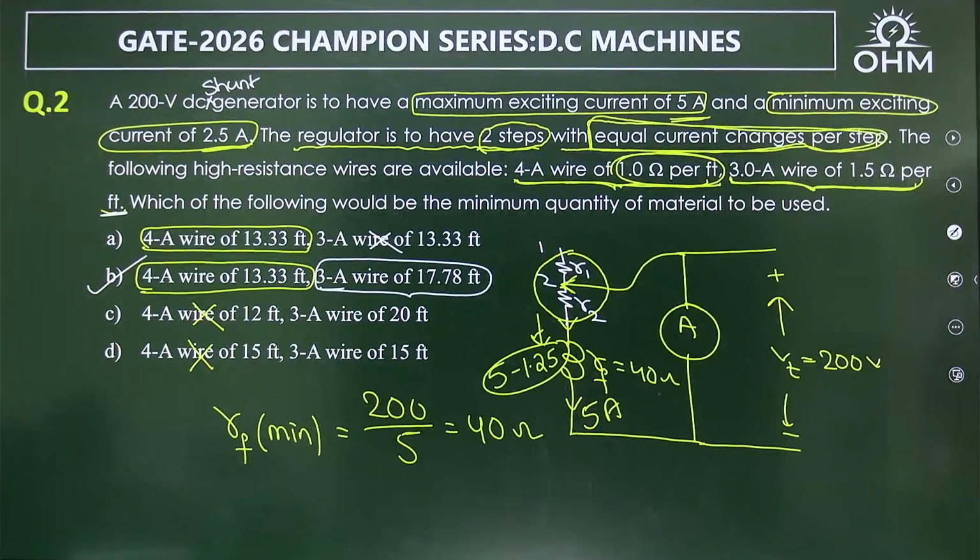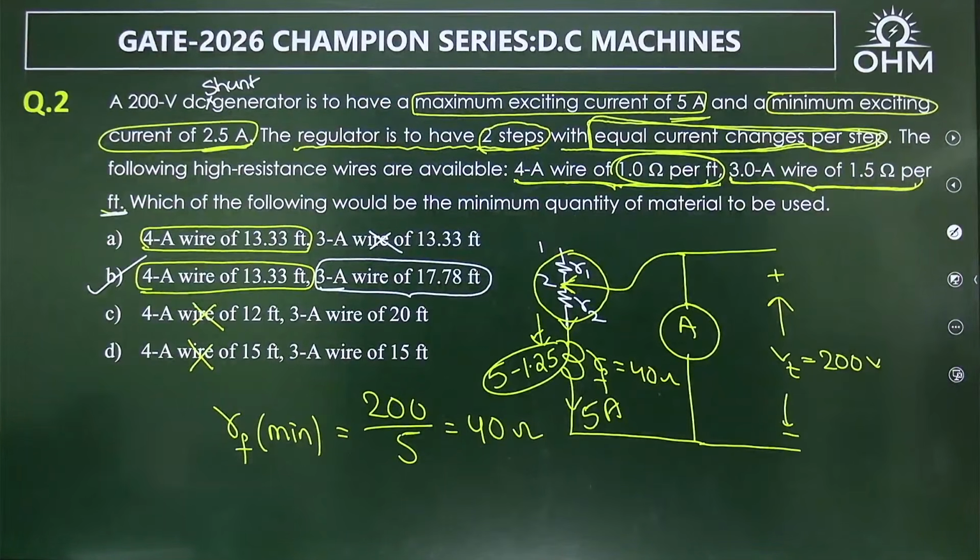Important information in the question is, the regulator is to have 2 steps with equal current changes for each step. That means even though the regulator was changing from one step to another step, the change in the current must be same. When you don't connect any regulator resistances, the current is 5 ampere.